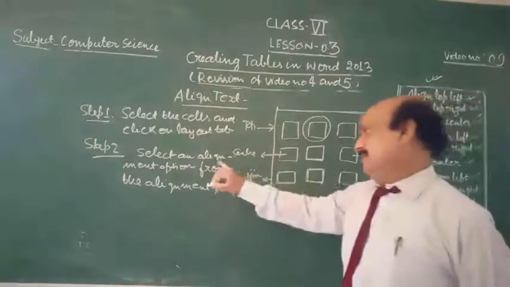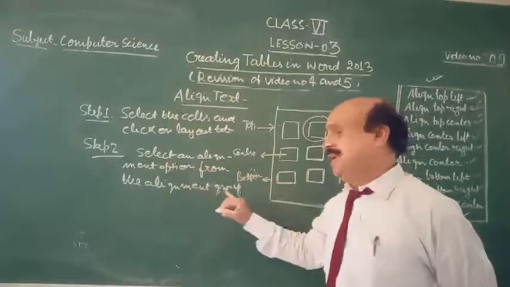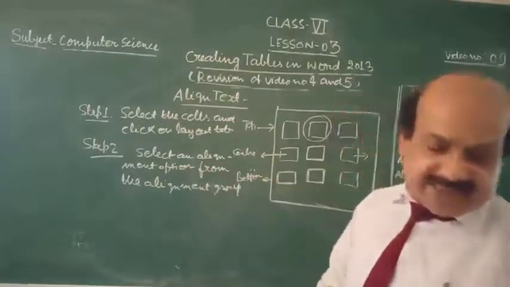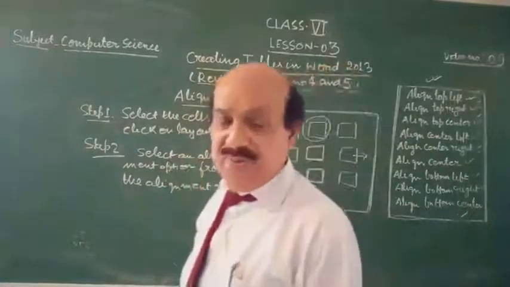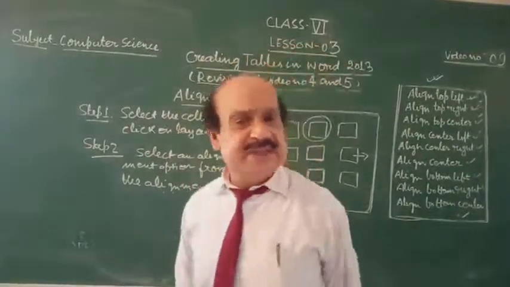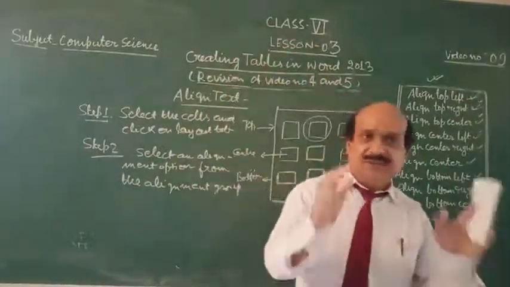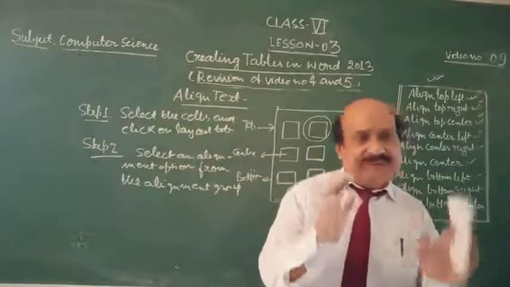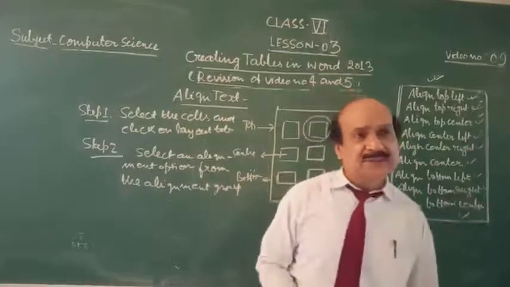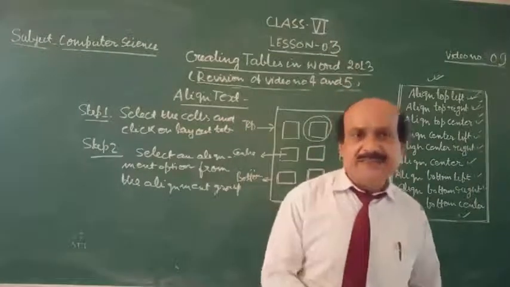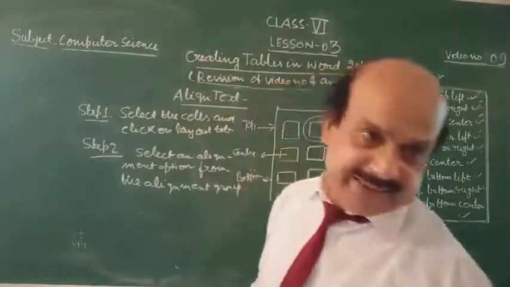Select an alignment option from the alignment group. Whenever you select the alignment option from the group and click the mouse, the cells which you have selected will be repositioned according to the alignment option. This is the way we can align the text.